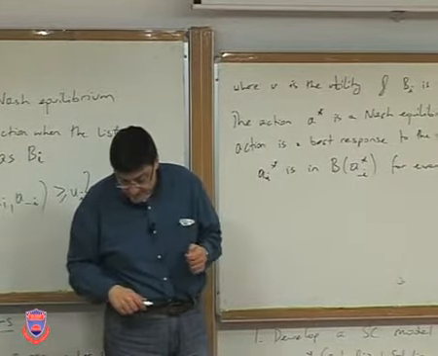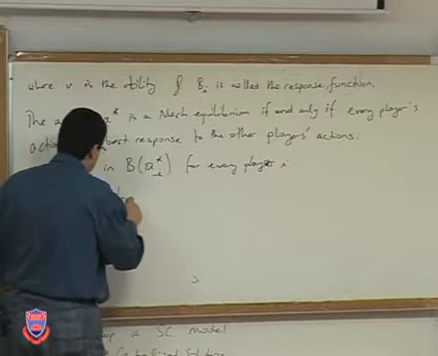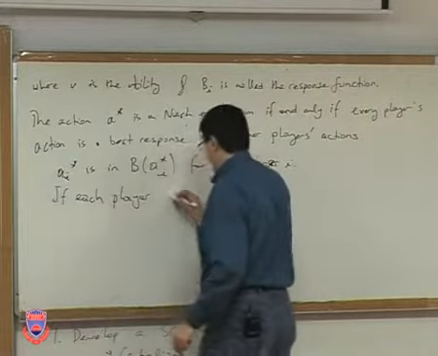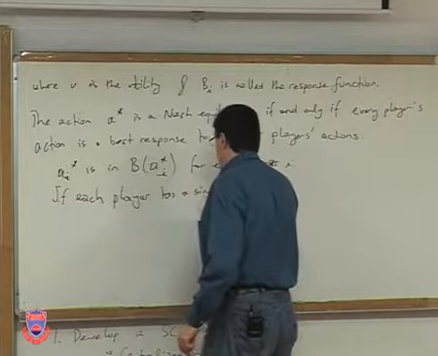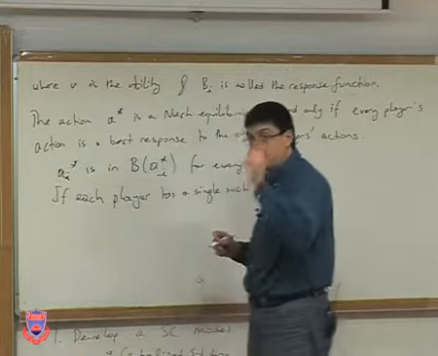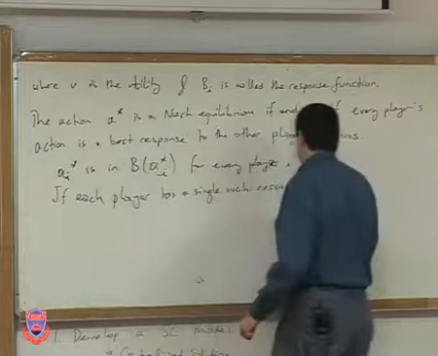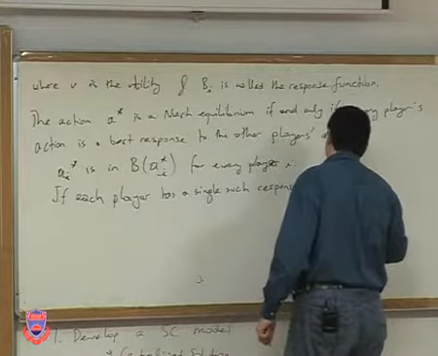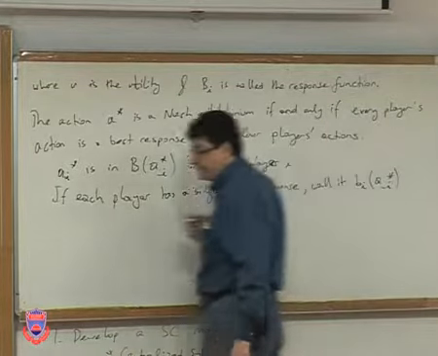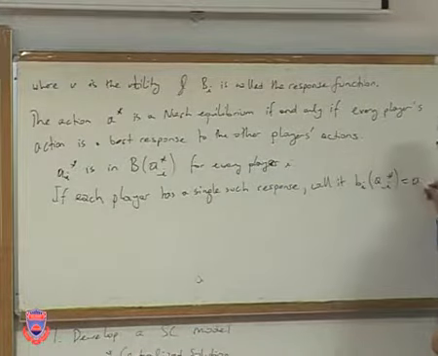Let me make things a little bit simpler. If each player has a single such response, rather than multiple possibilities, let's call it Bi of A minus i star, which is equal to Ai star.